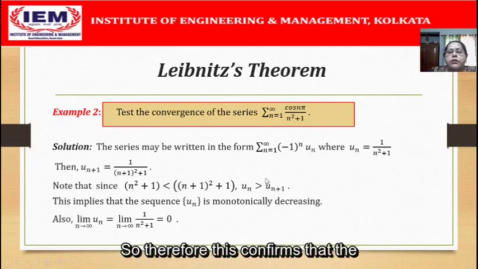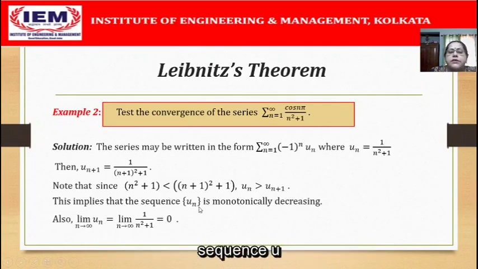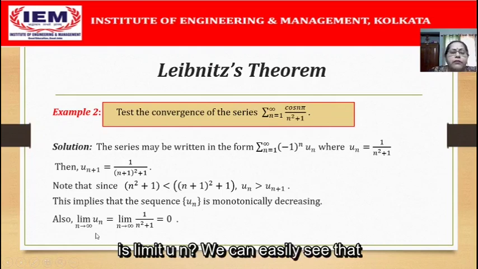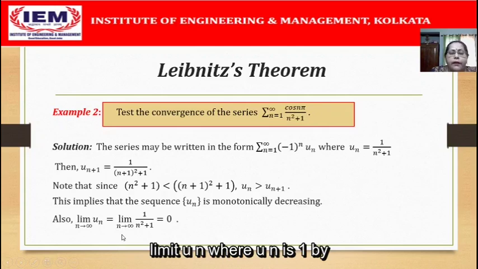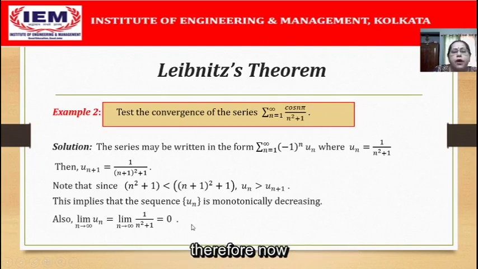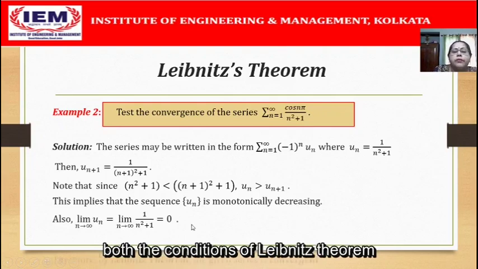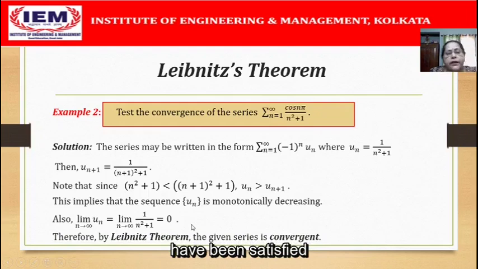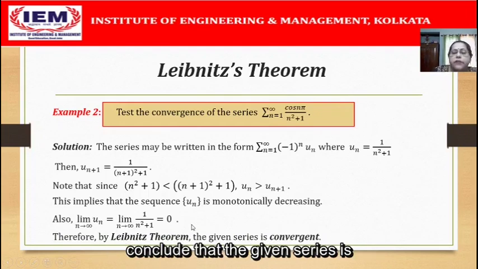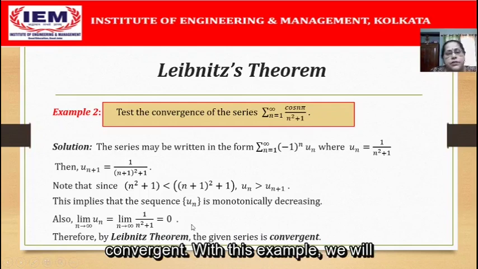So this confirms that the sequence un is monotonically decreasing. And what is limit un? We can easily see that limit un, where un is 1 by n square plus 1, is obviously 0. So now both the conditions of Leibniz theorem have been satisfied, and hence by Leibniz theorem we can conclude that the given series is convergent.